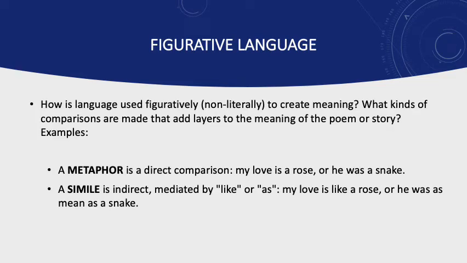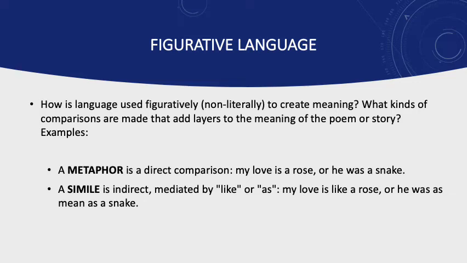Figurative language is using language non-literally. So usually it would have two meanings, the figurative meaning and then the real, literal meaning. And the most famous that you probably know is a metaphor, a direct comparison. My love is a rose, he was a snake. So for example, a rose is red, which is passionate.